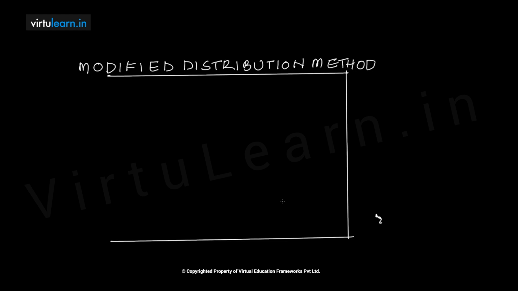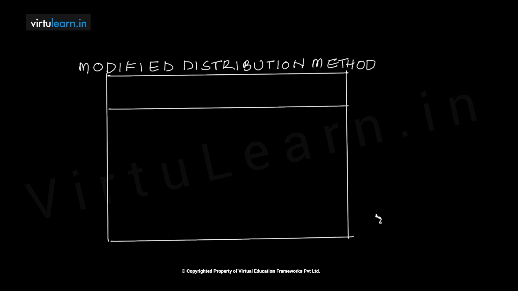So using this method, we will come to know whether we can reduce further or not. If we have already arrived at the optimal solution, then that will be the final solution. If at all we haven't arrived at the optimal solution, that means we may have to further improve the solution.